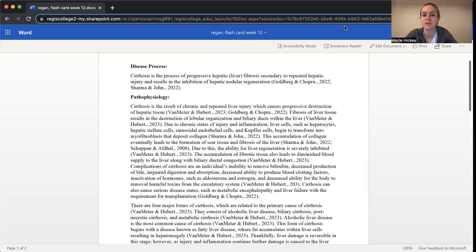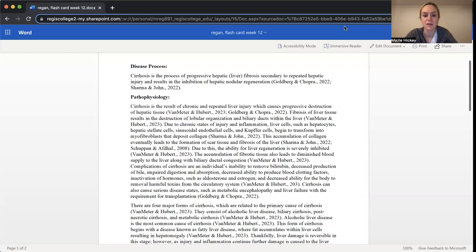It also results in decreased ability to produce blood clotting factors. Cirrhosis also leads to the inactivation of many hormones such as aldosterone and estrogen, and decreases the body's ability to remove harmful toxins from the circulatory system.